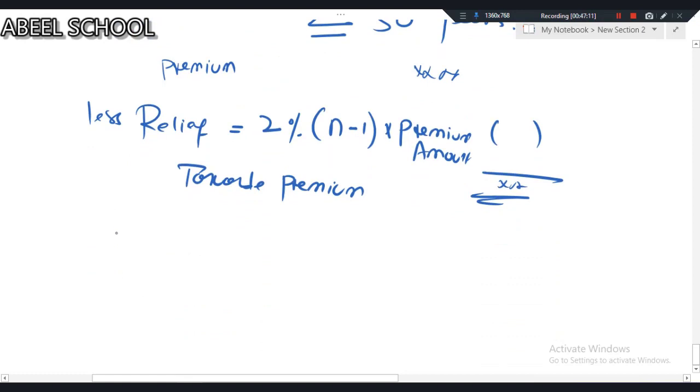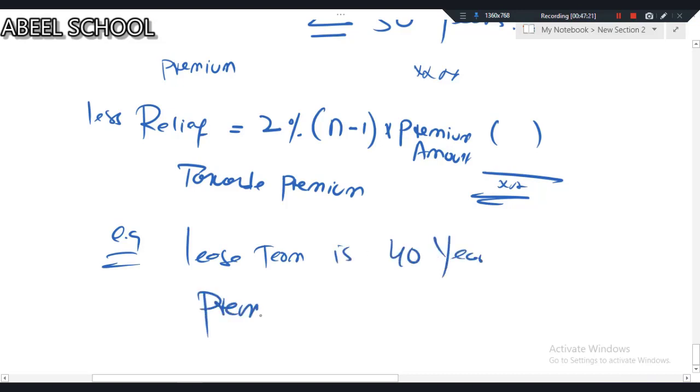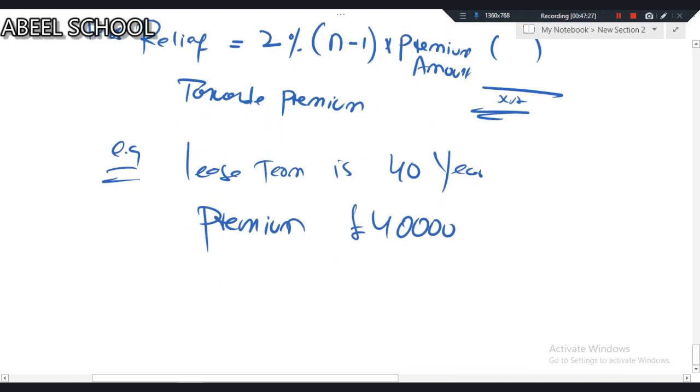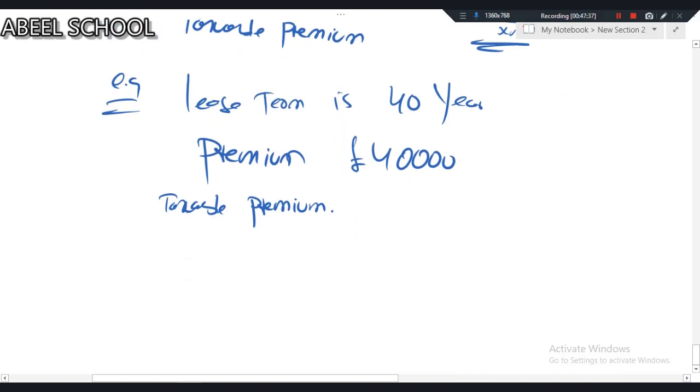For example, the lease term is 40 years, and the premium someone has received is 40,000. We are just required to calculate taxable premium. How do we calculate taxable premium?